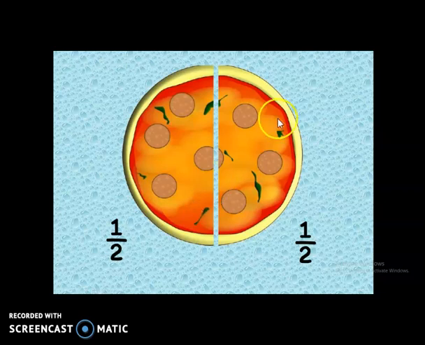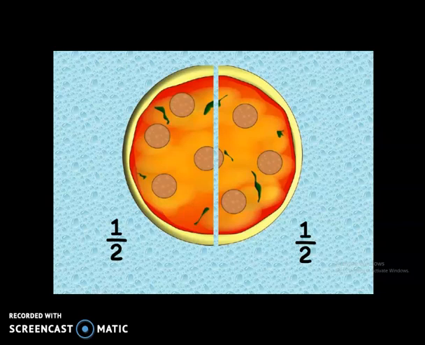So when you cut it into two, it means that you've divided it into halves. Okay, your sister or your brother will get half of it and you are going to get half of the pizza. That means that you've divided it into two, and that is a fraction.